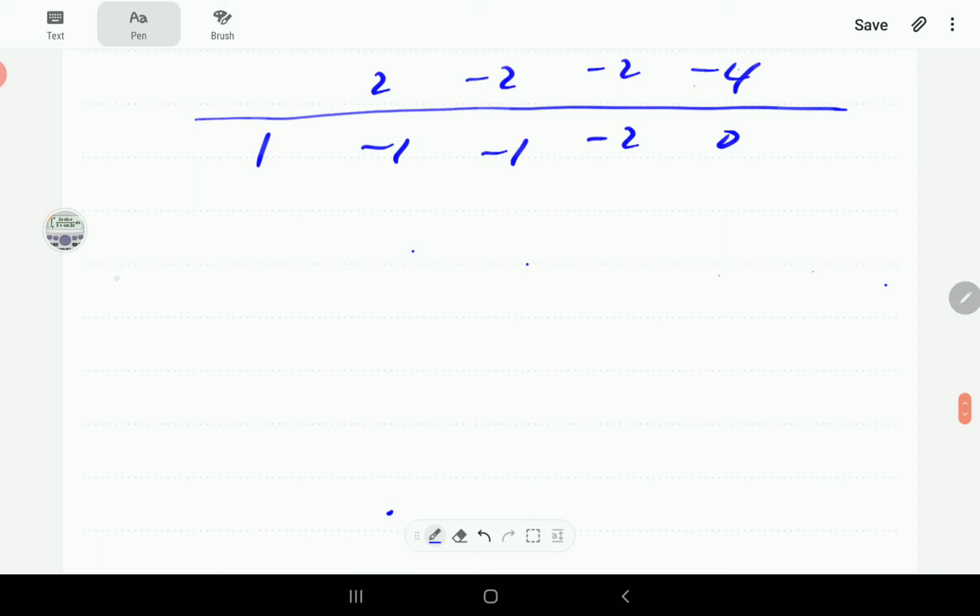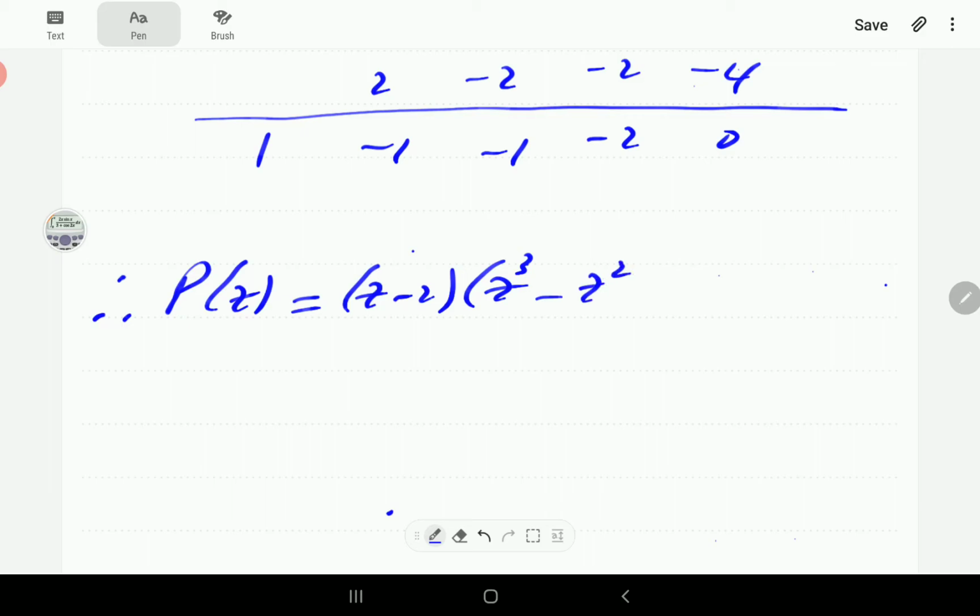So this is telling us that our polynomial is going to be z minus 2 times z cubed minus z squared minus z minus 2.